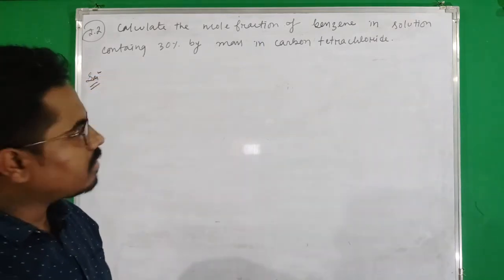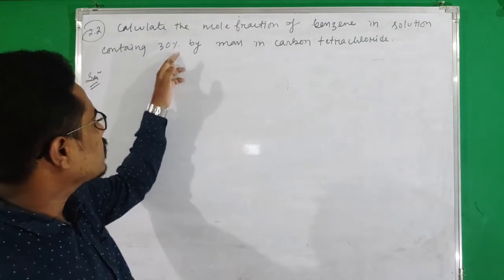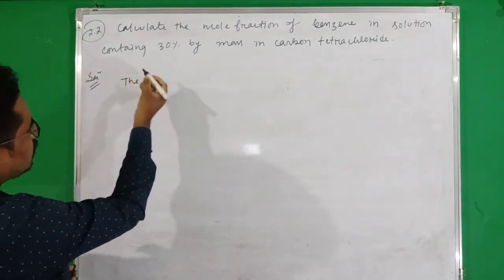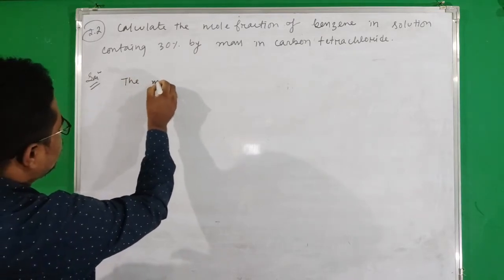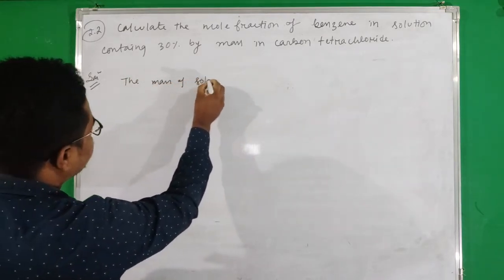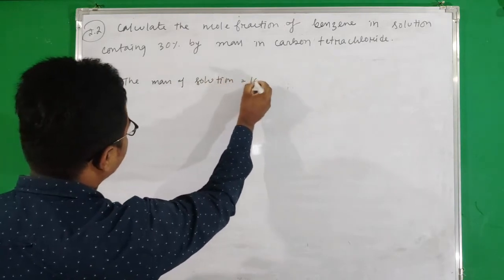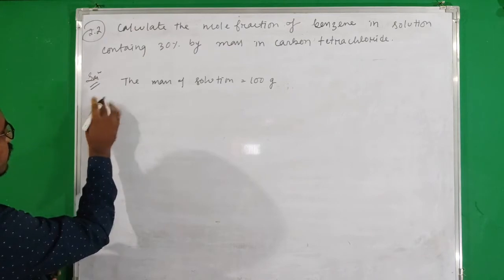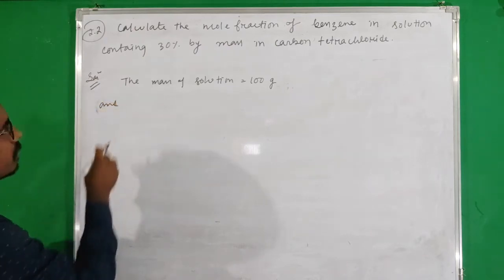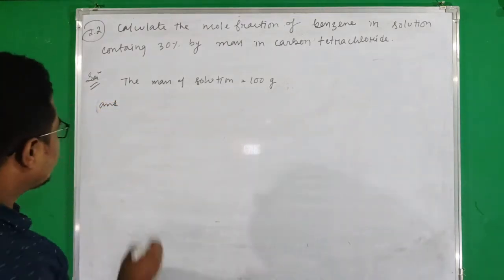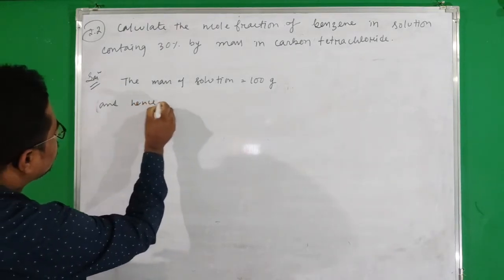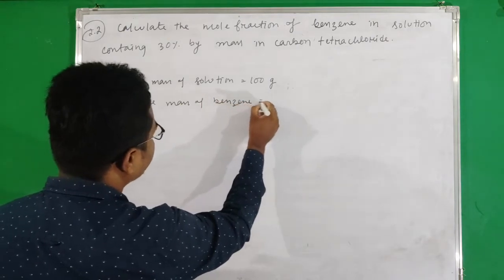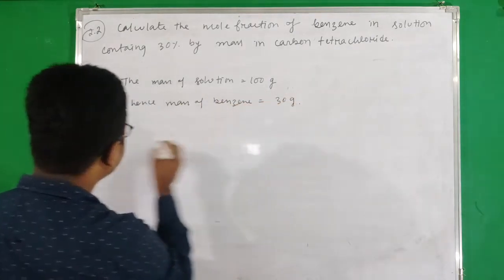When the mass of solute or solvent is given in percentage, then we have to take the mass of solution as 100 gram, and the mass of benzene is given as 30%, and hence mass of benzene equals 30 gram.